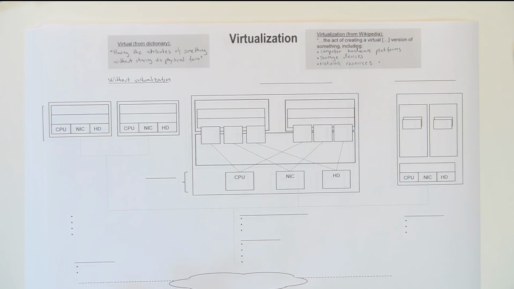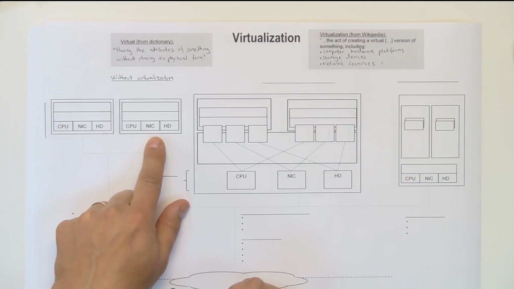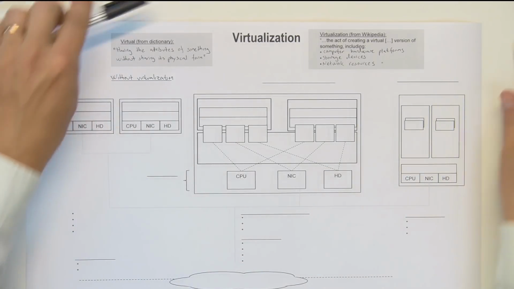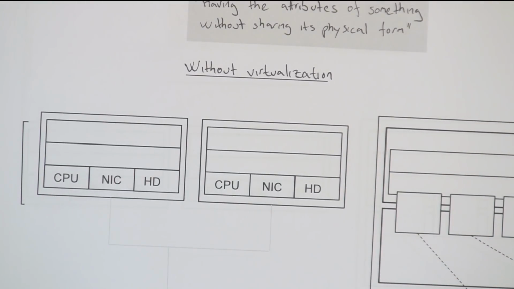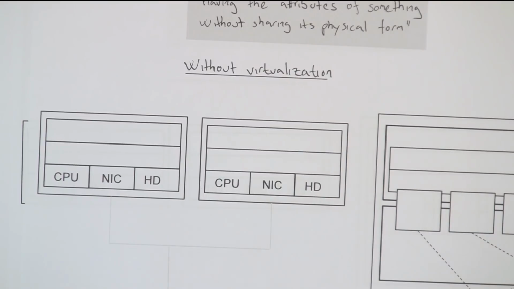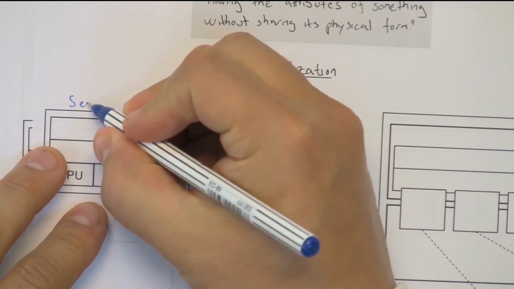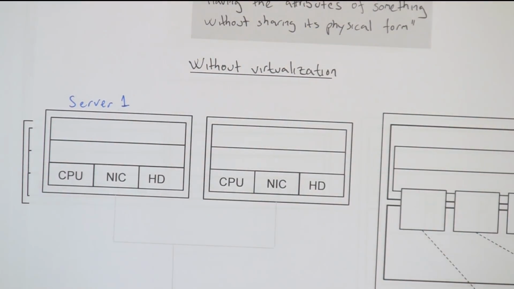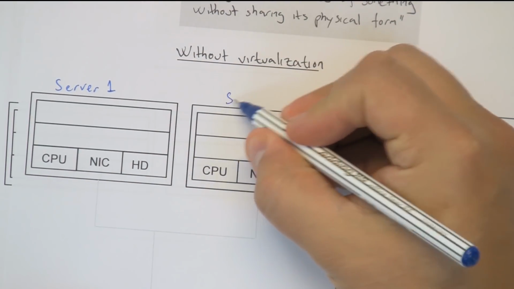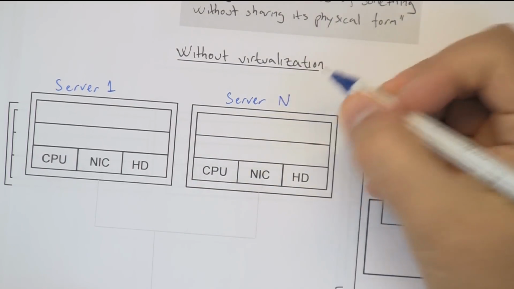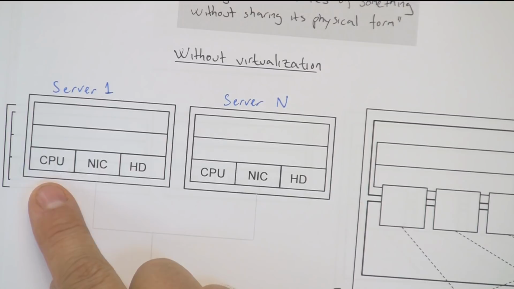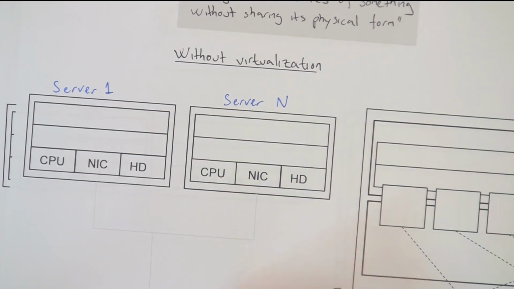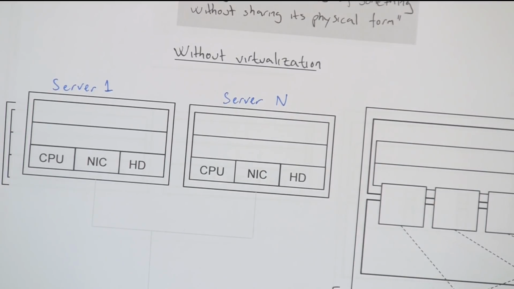So without virtualization, up here we have 2 boxes with little boxes inside. Those 2 boxes are servers. And now I'm going to use blue pen. So we have server 1, all the way over to server N. These are physical computers. They each have a processor, network cards, hard drive, essentials that create a computer.